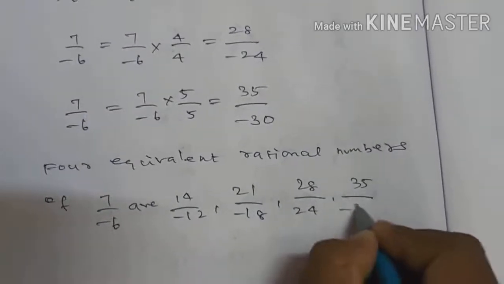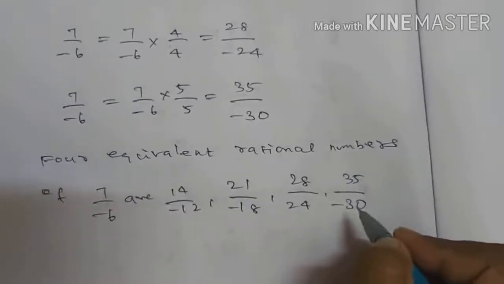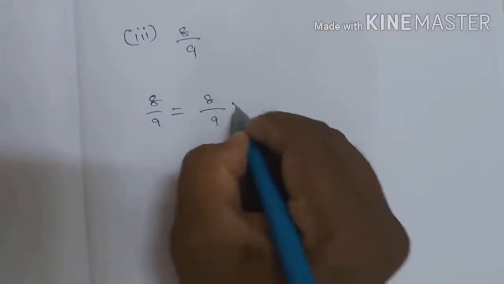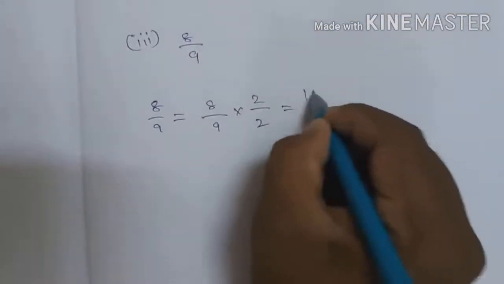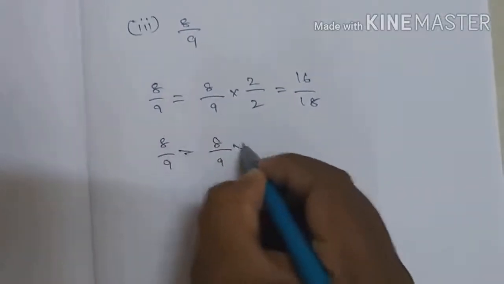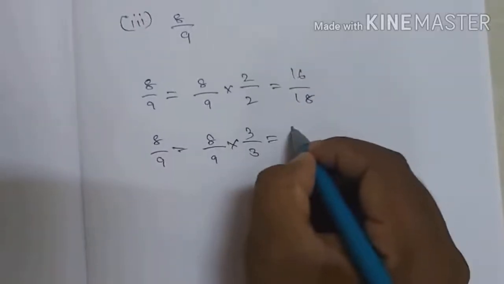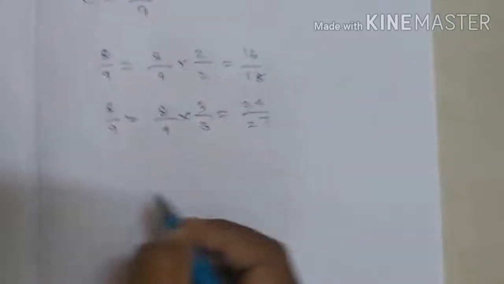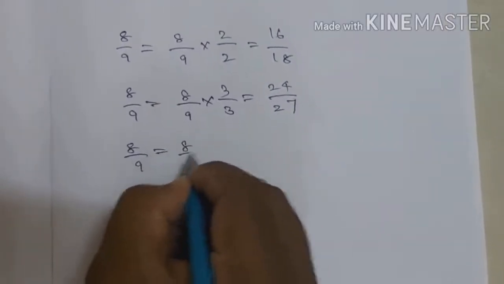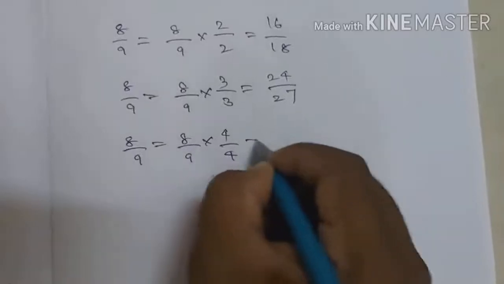And question 4, the third sum, 8/9. In the same manner, 8/9 is multiplied by 2, 3, 4 and 5. Multiplying by 2 gives 16/18, and multiplying by 3 gives 24/27. Multiplying the numerator and denominator by the same number 4: 8 fours are 32, 9 fours are 36.